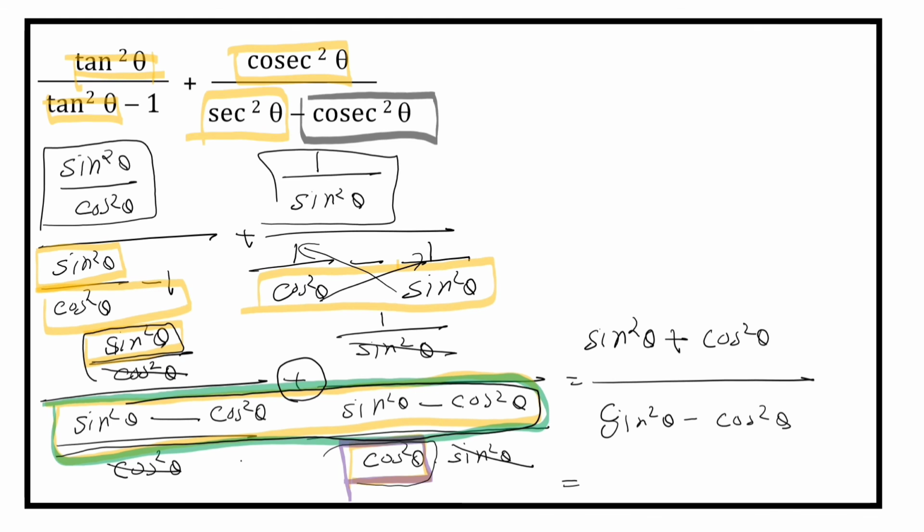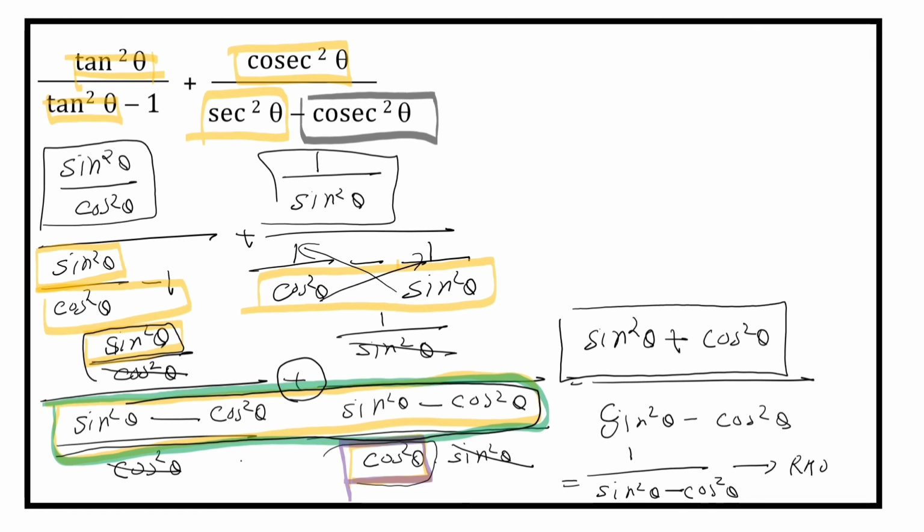Now you got the result, isn't it? What is sin square theta plus cos square theta? It is 1. 1 by sin square theta minus cos square theta. What is it? RHS. So proved, hence proved.